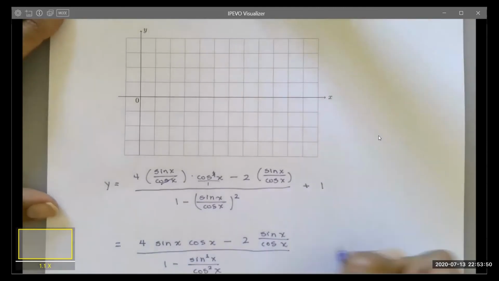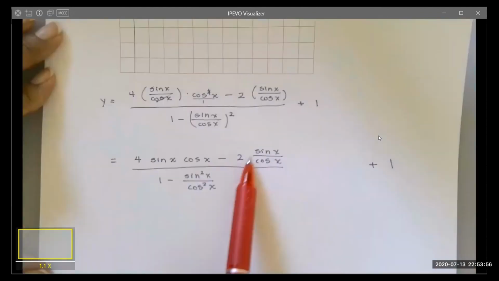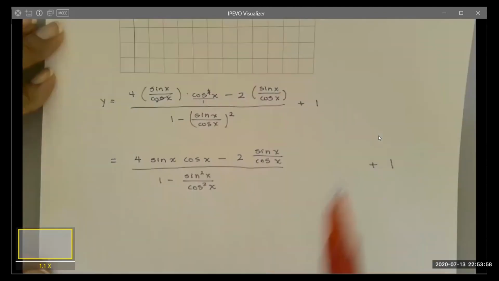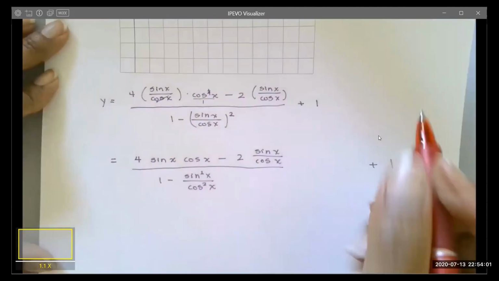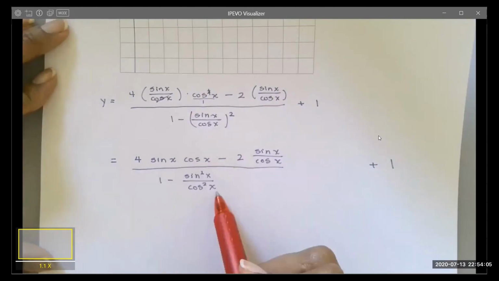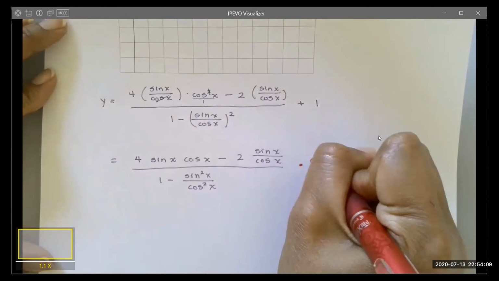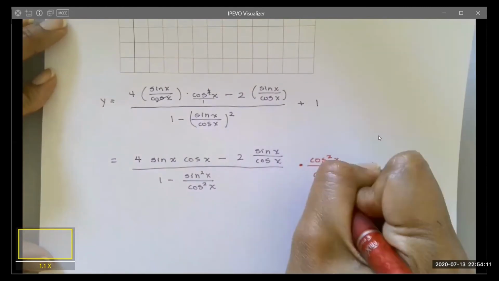Okay, now I'm going to leave a little bit of room there, because the next thing that I want to do is I want to go ahead and cancel out some of these fractions, because I don't like having complex fractions. So I can see that the least common denominator between cosine x and cosine squared x is going to have to be the cosine squared x. That way I can cancel that fraction in the denominator.